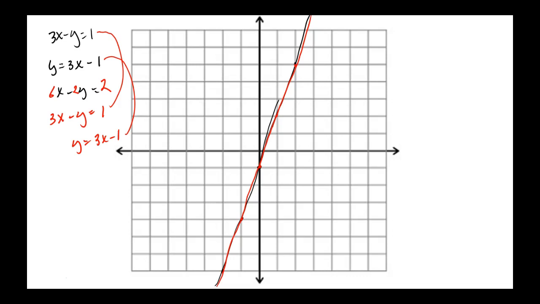With the one that was parallel, no, that is inconsistent. It has no solution. And the one that has one and only one solution, consistent, okay? It has at least one solution. So that's what we mean by consistent or inconsistent. If it has at least one solution, which could be infinitely many solutions, it's a consistent system.